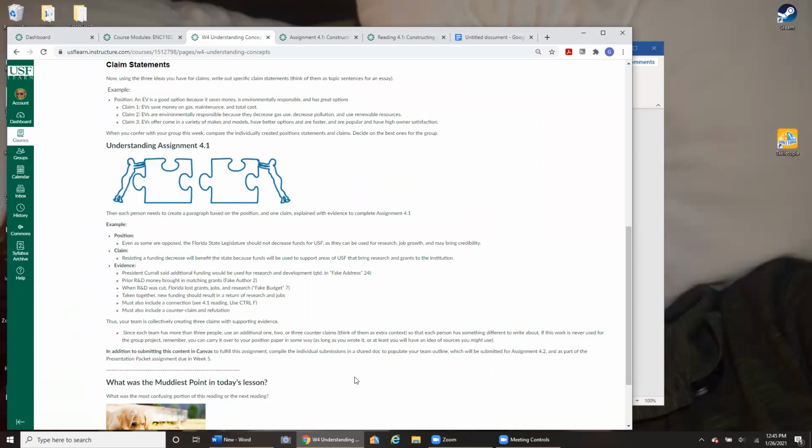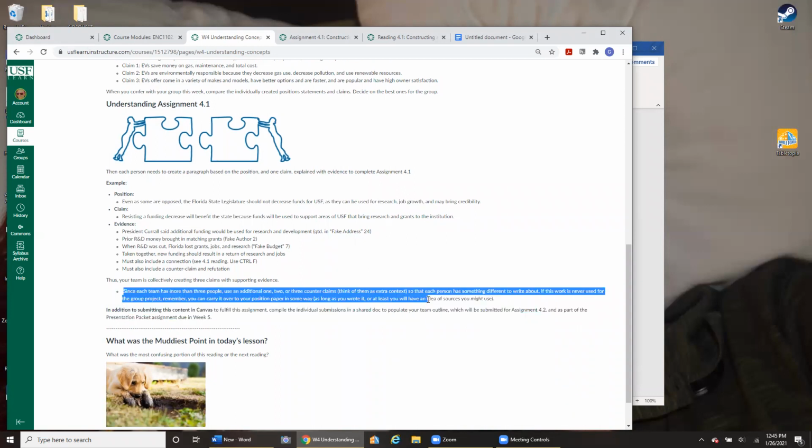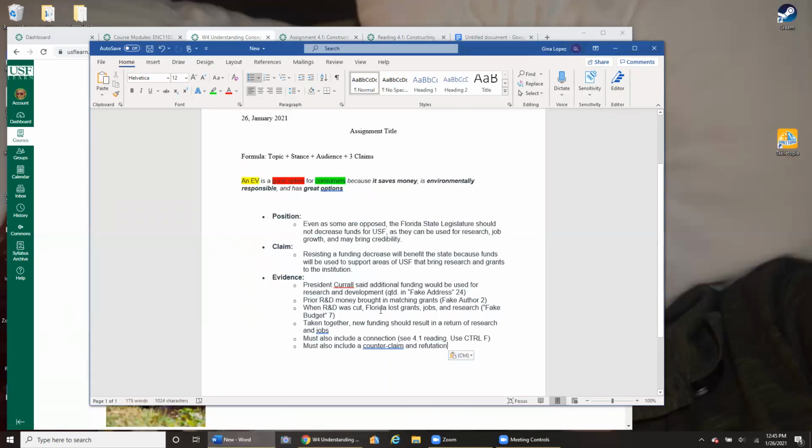But I want to pan back to understanding concepts that acknowledges that each team is going to have more than 3 people, because you might be thinking ahead: we're sewing together, we're doing one chunk of the presentation, but the presentation only requires 3 claims.